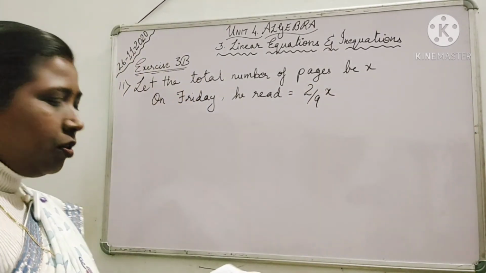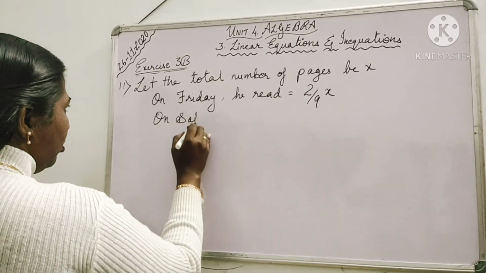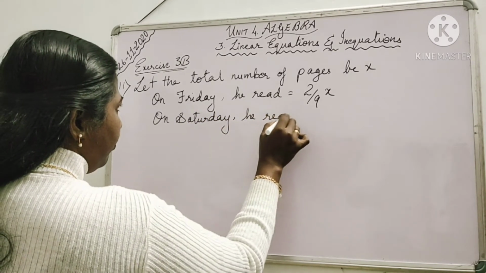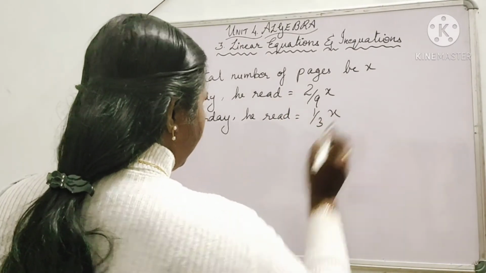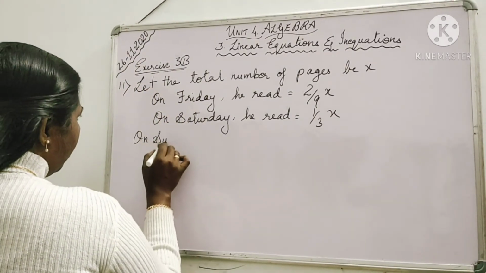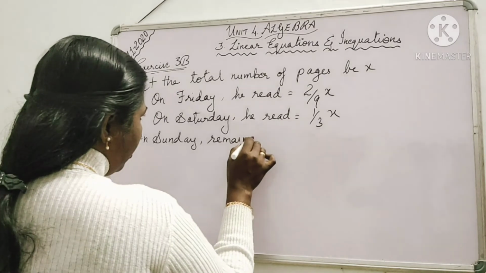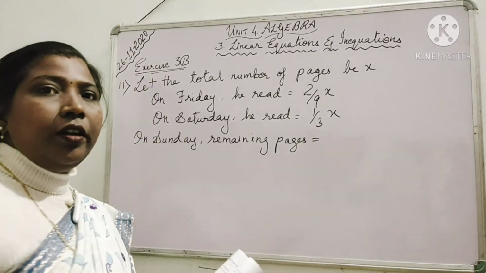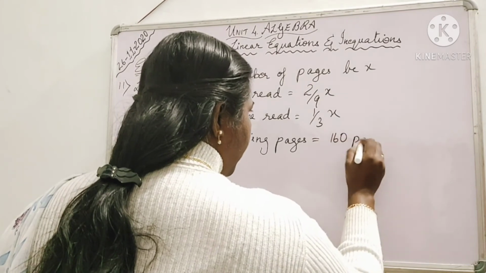Then on Saturday, he read 1 by 3 x. On Sunday, the remaining pages are written in the form of a number, so I write 160 pages.